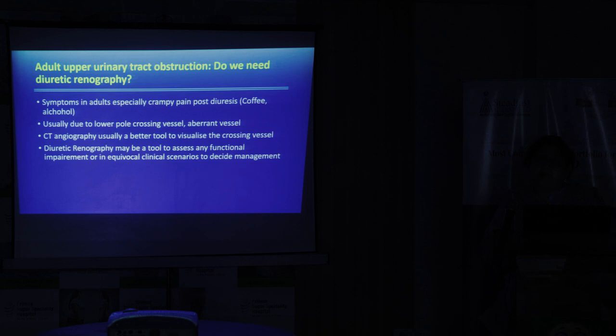You would often see this because of a lower pole crossing vessel or an aberrant iliac vessel crossing the ureter, and in these cases a DTPA scan will help you decide which patient requires stenting and which does not. So if you have a non-obstructive system, you can just tell the patient to chill, and if you have a significant obstruction, then we may have to take some necessary action.